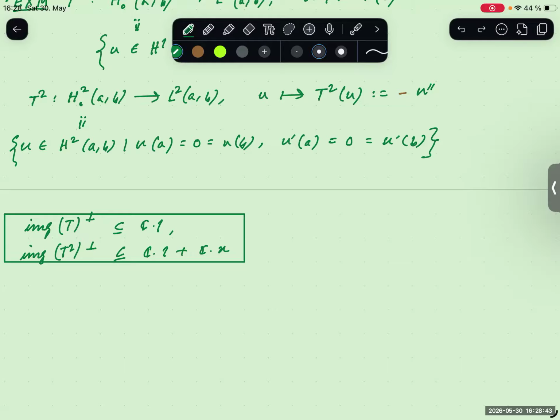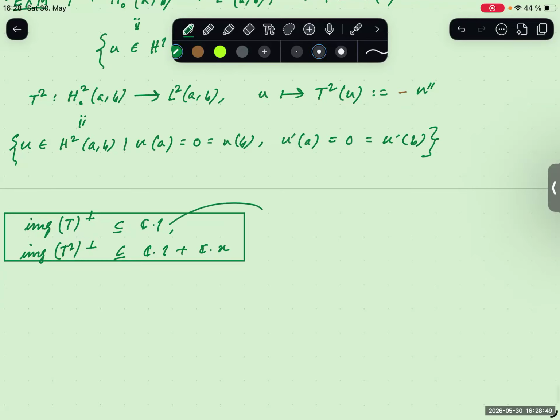Now definitely I haven't defined what this 1 and x are. So 1 means a constant function which is 1. It's not the identity, it's a constant function, that's what I meant.